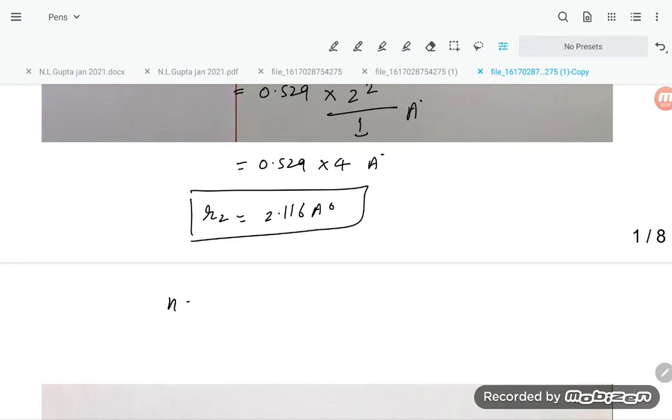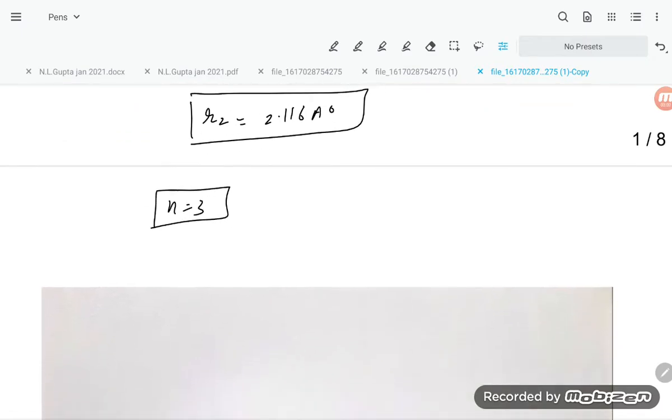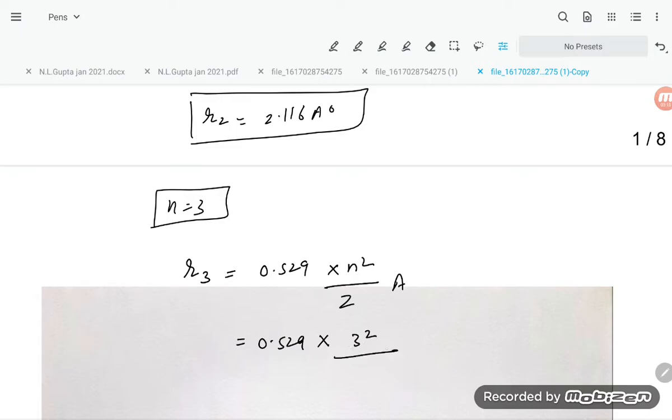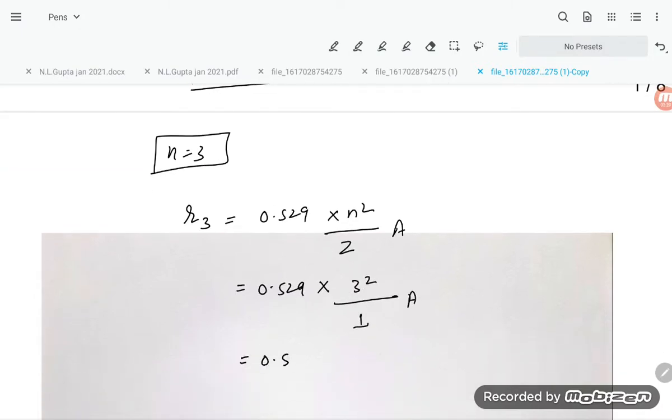If you are going for the third orbit, R3 is equal to 0.529 × n² / Z angstrom. Here n is 3, so 3 squared, and Z is 1, so that is 0.529 × 9 angstrom.